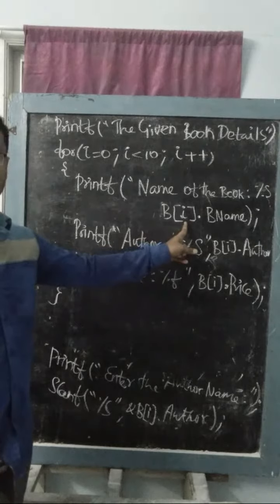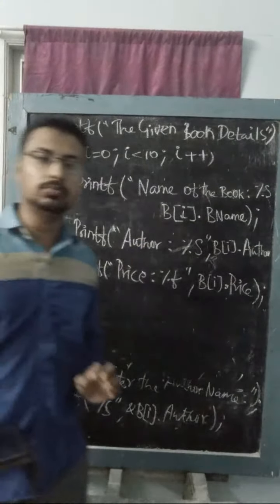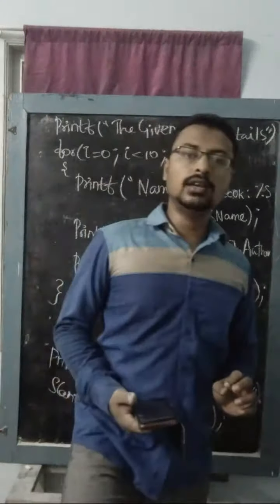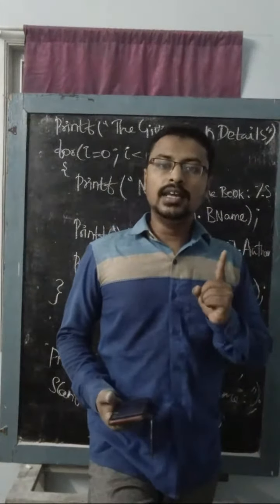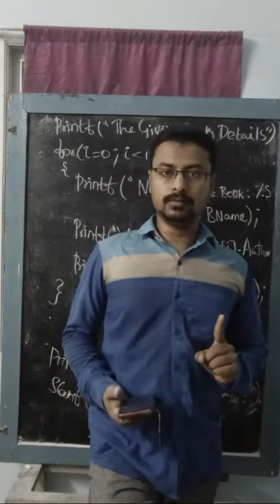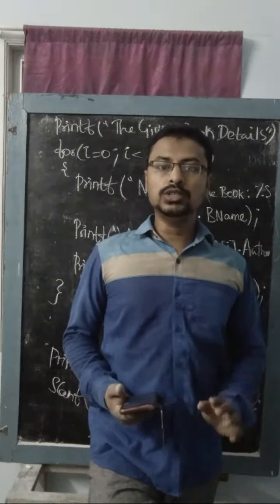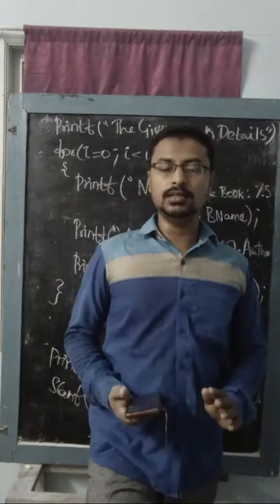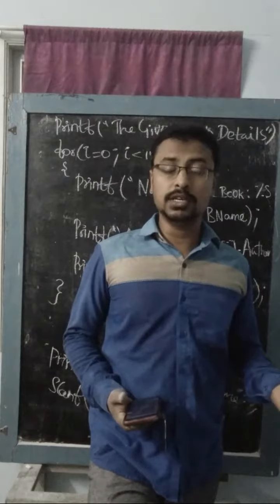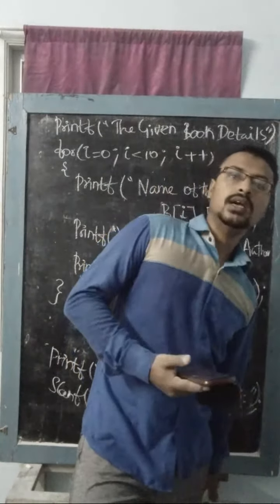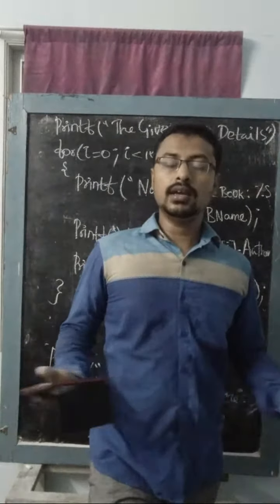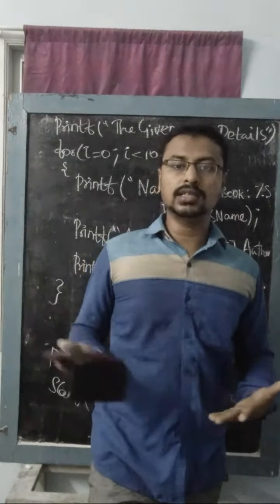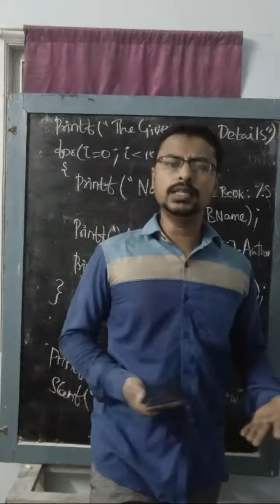You got it there? If I'm just creating a single object, only one object, I can get details of only one book. But if I'm using arrays of objects, I can access any number of book details or any number of object details.